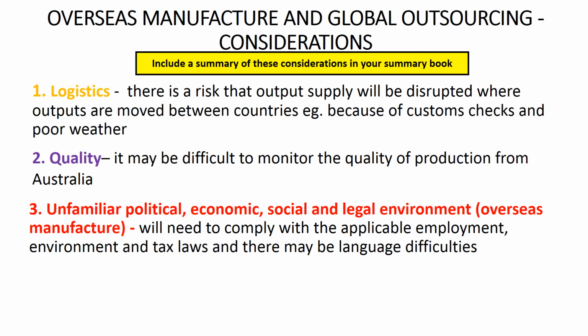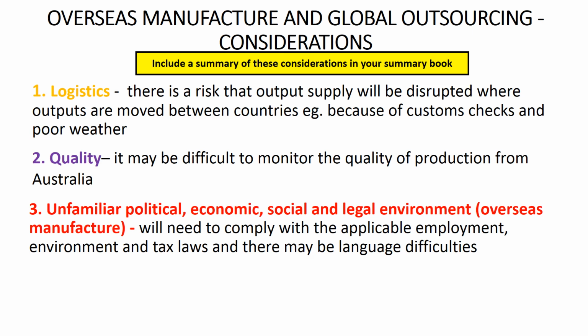This means that, for example, the Australian business will need to learn about and comply with all of the laws of this country that apply to it, such as employment, environmental and tax laws. The Australian business will also need to understand and accommodate the social customs that apply in that country, such as what is considered polite behaviour, and it may need to cope with people who don't speak English.